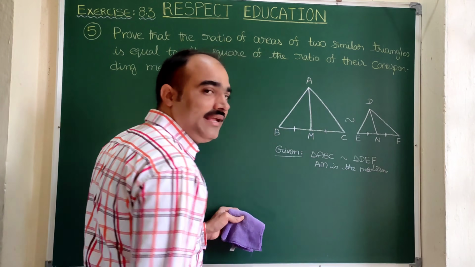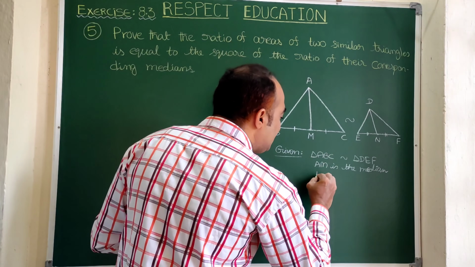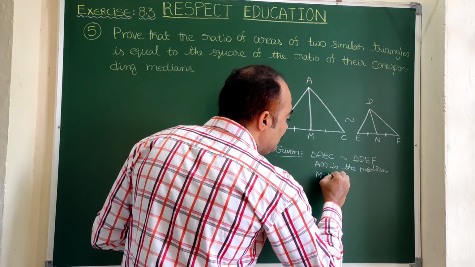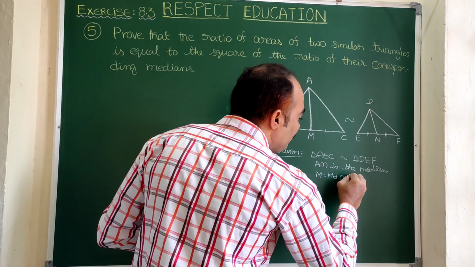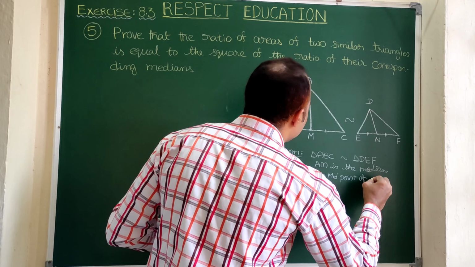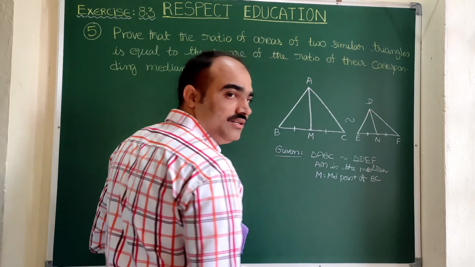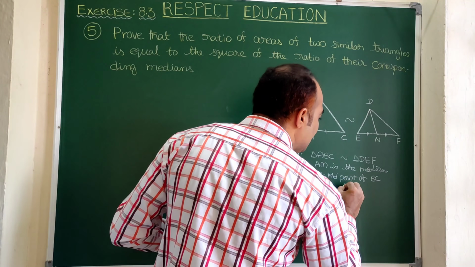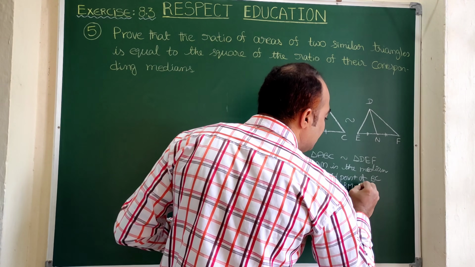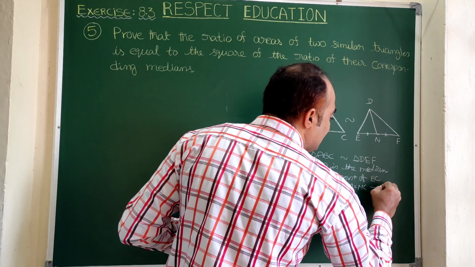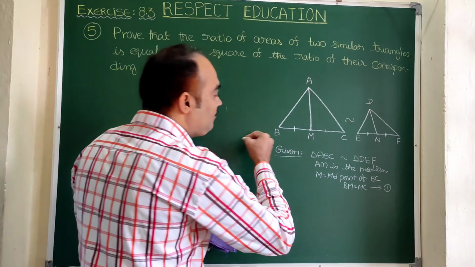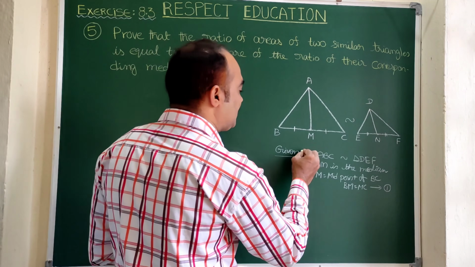When AM is median, that indicates that M is the midpoint of BC. So we can write BM equal to MC. Let us take it as equation number 1. In further proof it may be helpful somewhere else.